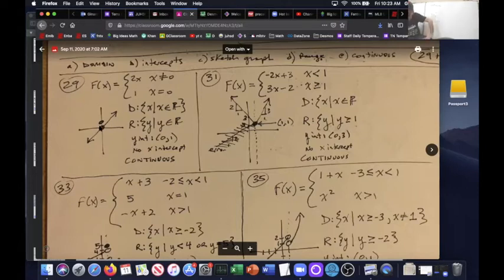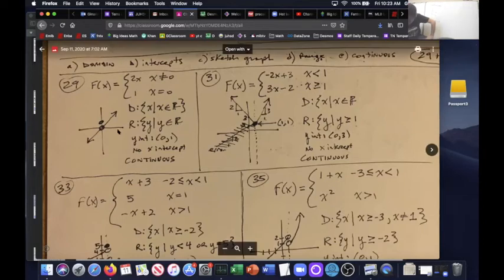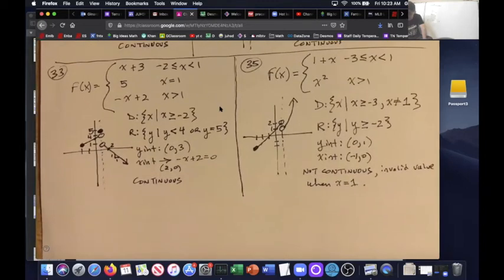Now, I made a mistake. I just caught it. Except 0. So I should have put except 0 here. I just caught that. And again, it's probably because looking at it, I didn't see an open circle, knowing me. Now, both of these are continuous because there's no invalid value issue, right? And I'm just going to assume you know what x and y intercepts are.